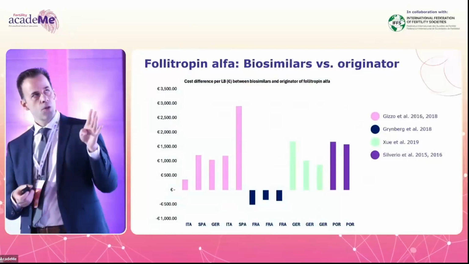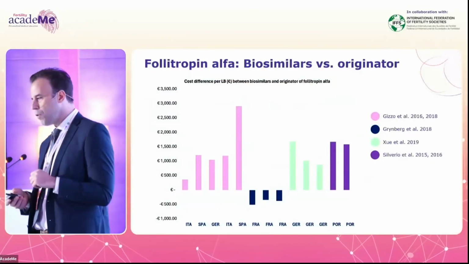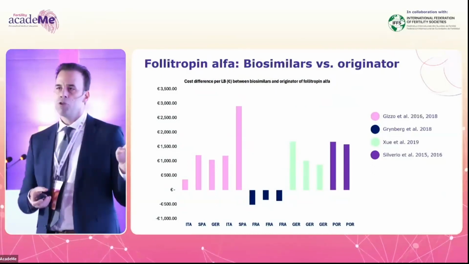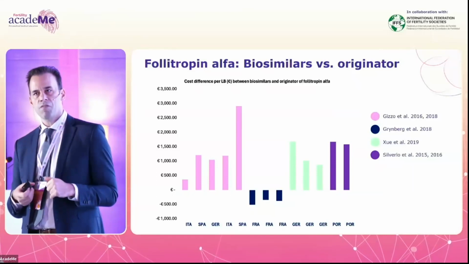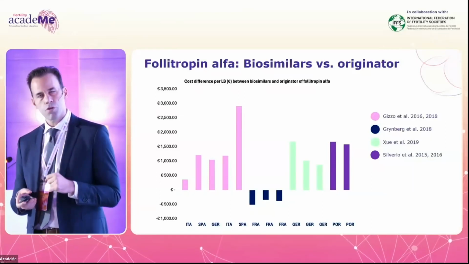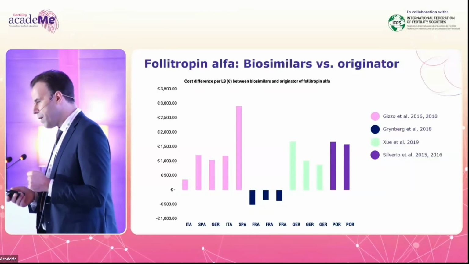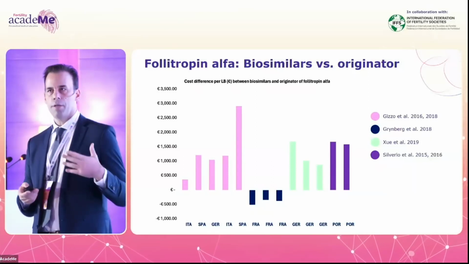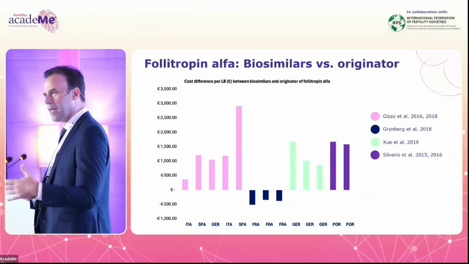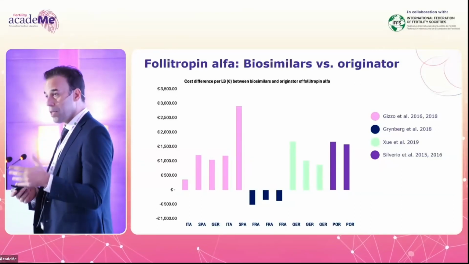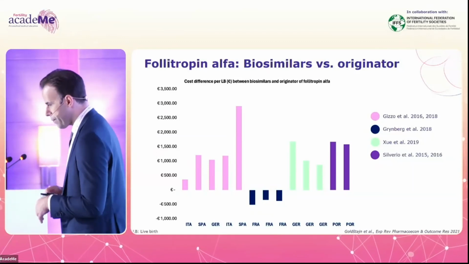And this is the cost difference per live birth between biosimilars and the originator. With the exception of France and Germany, it was actually cheaper to get a live birth with the biosimilars compared to follitropin alpha. In all other scenarios, you had a monetary benefit in getting live births with the follitropin alpha originator versus the biosimilars.